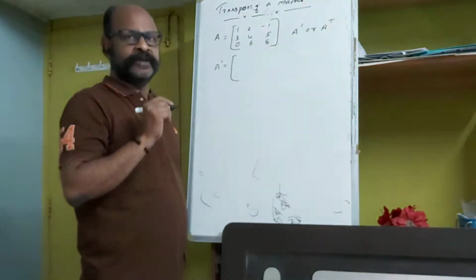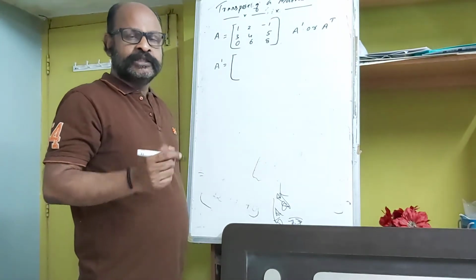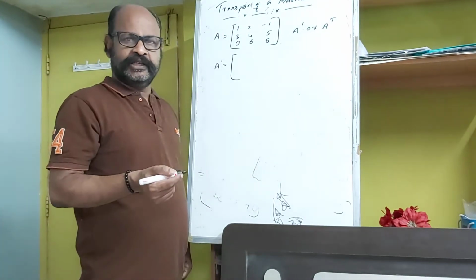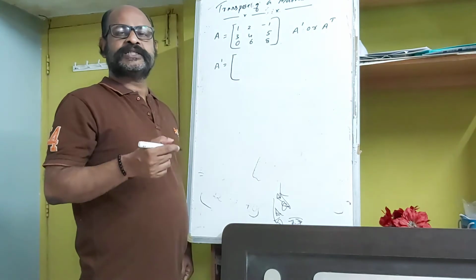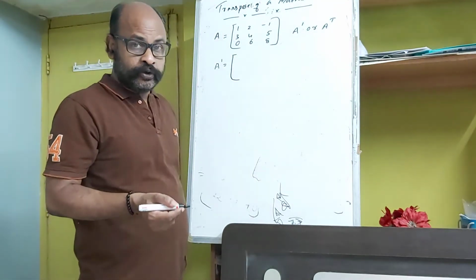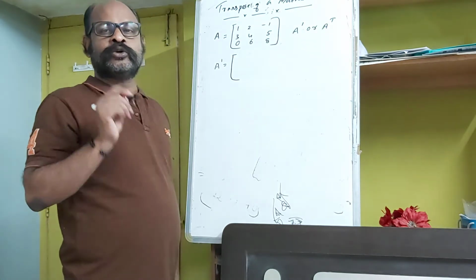The simple meaning is converting the rows into columns. Then automatically the columns get converted into rows. So what we do is interchange the rows and columns.